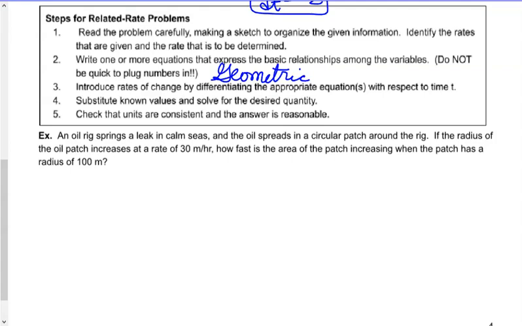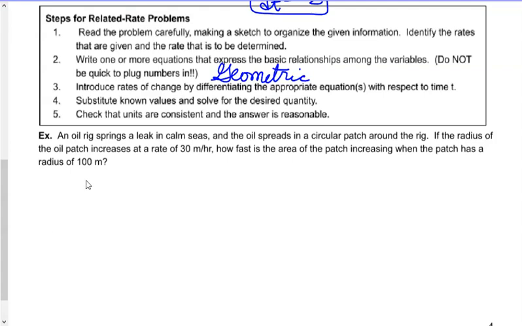You want things in general, because in step 3, we need to differentiate that equation in order to get us set with respect to time. And then I can plug some values in, which is number 4, and then solve for the desired quantity. Now, of course, the last one is to check that units are consistent and that the answer is reasonable.